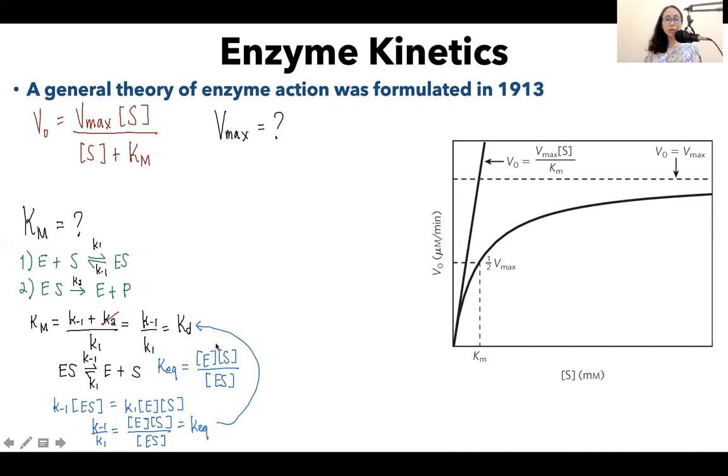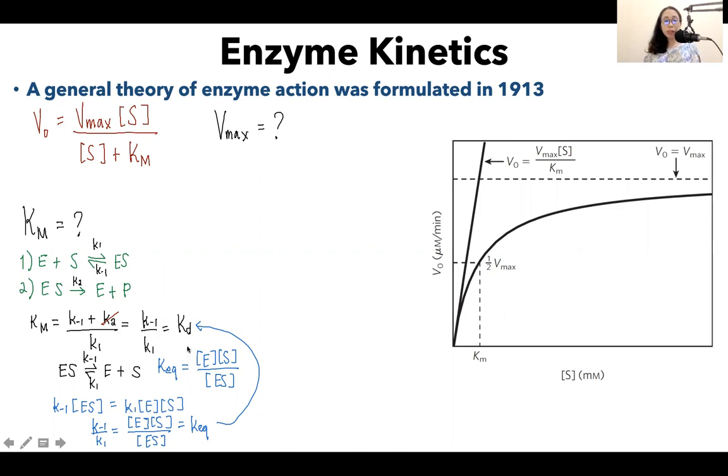This is the reason why a lot of biochemists associate the Michaelis-Menten constant with the affinity of the substrate to the enzyme. But again, this is only if the enzyme follows this two-step mechanism. If it does, then the value of the Michaelis-Menten constant is also equal to the dissociation constant.